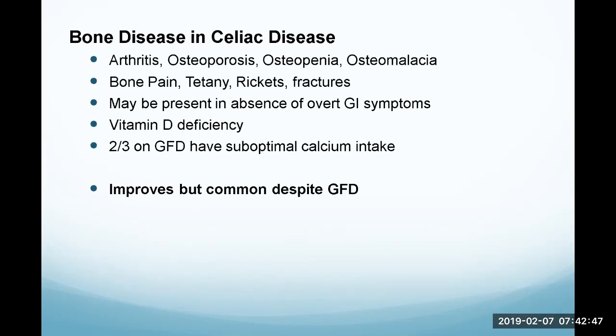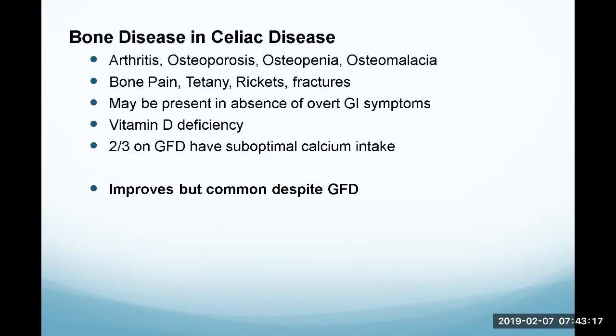Bone disease in celiac is a very common concern that all of us have, as they can present with anything ranging from arthritis to osteomalacia. Bone pain, tetany, rickets, fractures can be their presenting symptoms, and these symptoms may be the only thing that may be there in our patients.